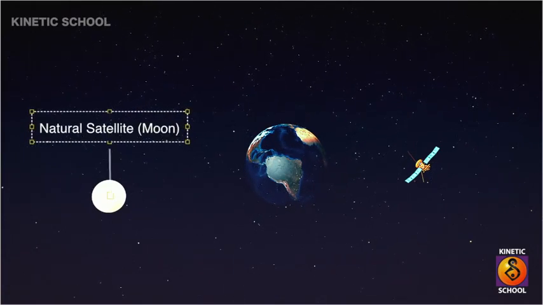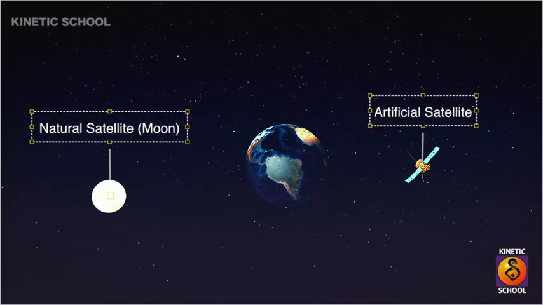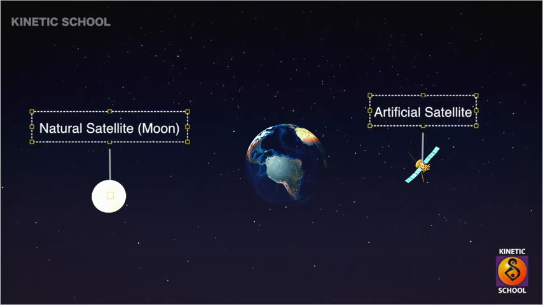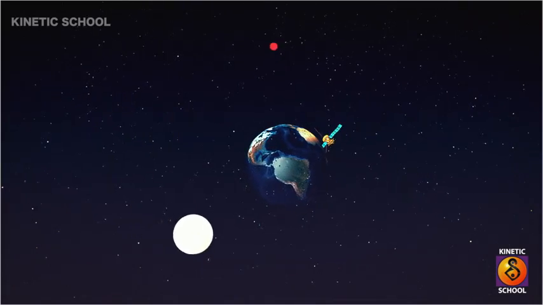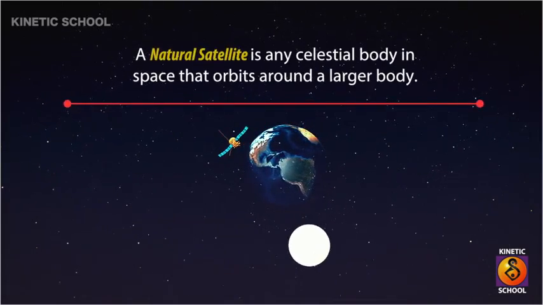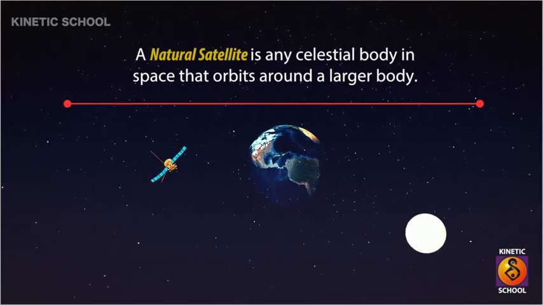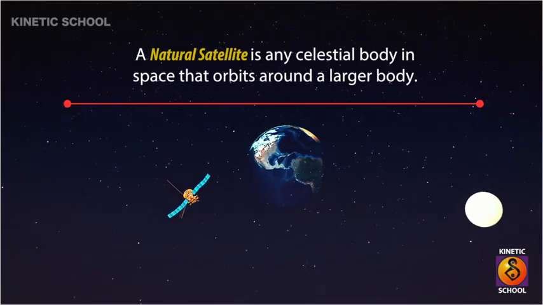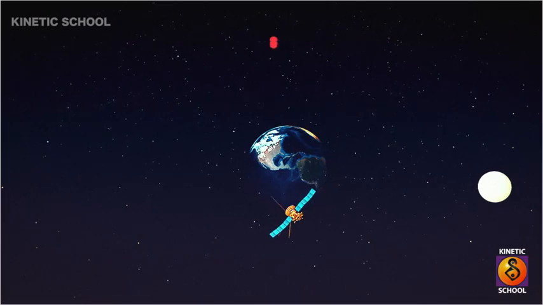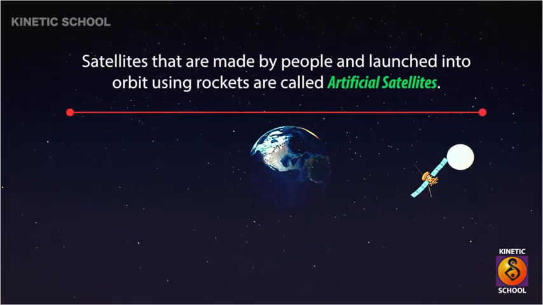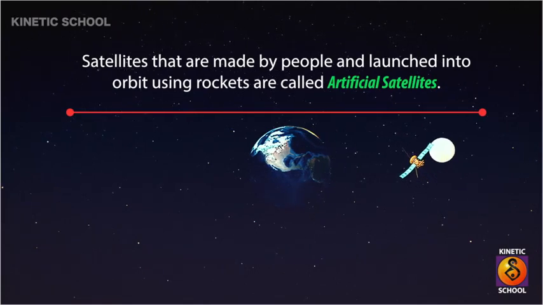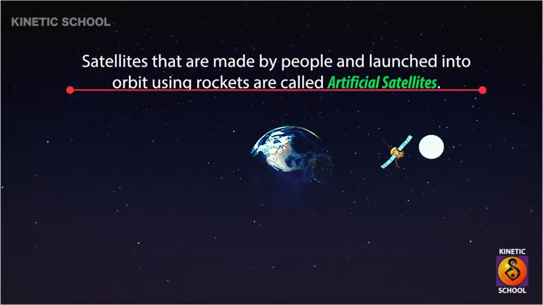One is natural satellite, and the other is artificial satellite. A natural satellite is any celestial body in space that orbits around a larger body. Satellites that are made by people and launched into orbit using rockets are called artificial satellites.